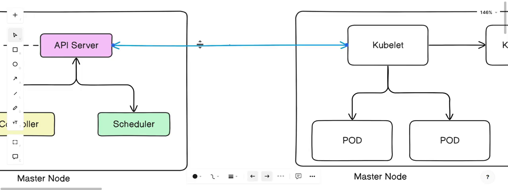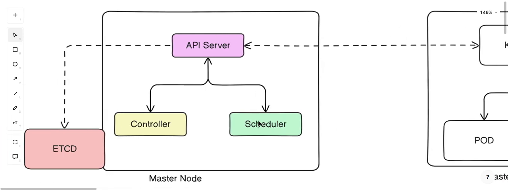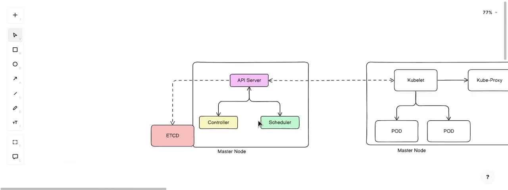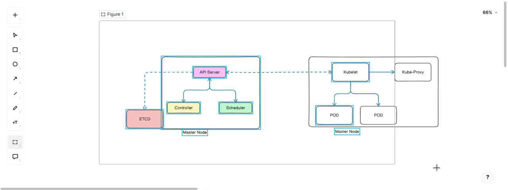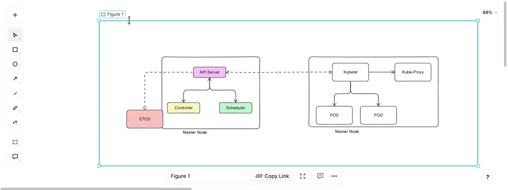So the API server is responsible for the communication between worker node and master node. Let's understand each and every term first, then we will club all these things together, and it will be easy for our understanding. As I told, altogether it is called a cluster.